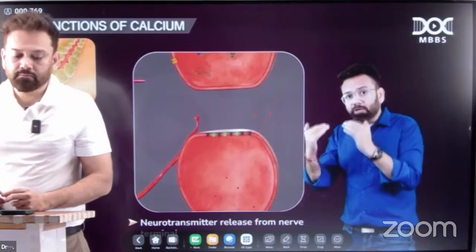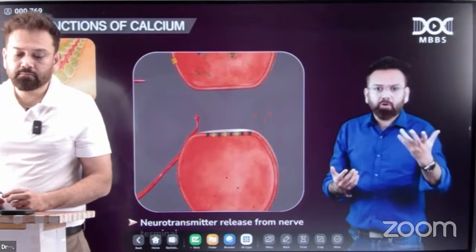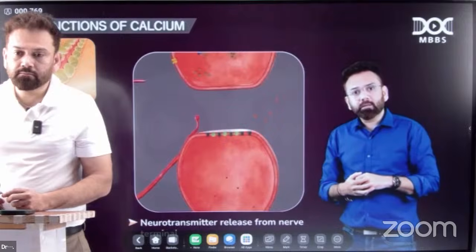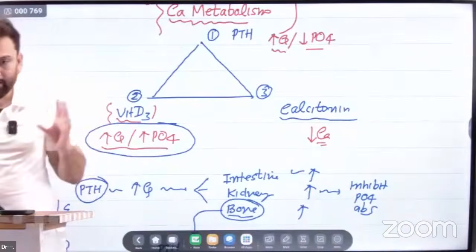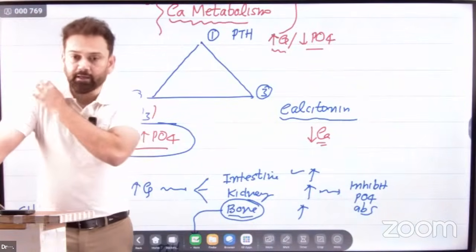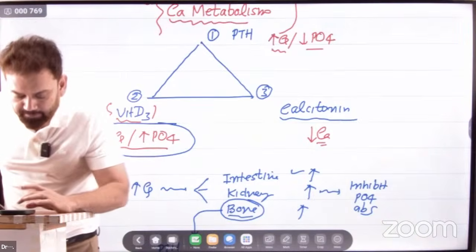Whenever you need to release any transmitter, you need to do exocytosis for that with calcium, and also for the NMDA receptor. So this was a clip from the DocTutorials MBBS curriculum that I've taken so that I can tell you about the functions of calcium.